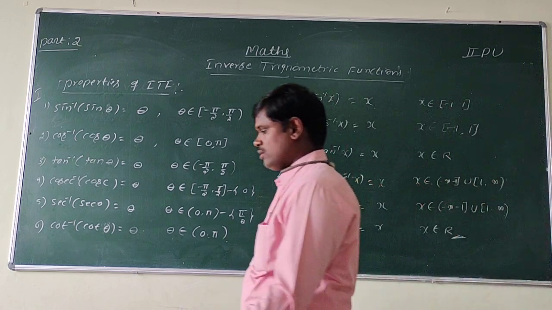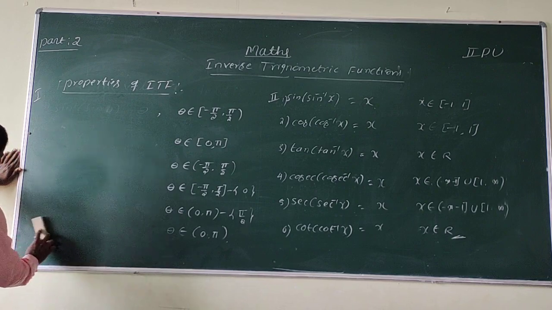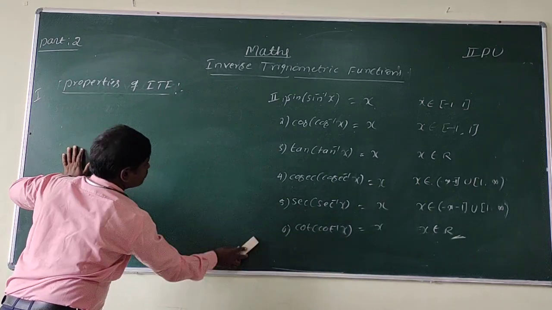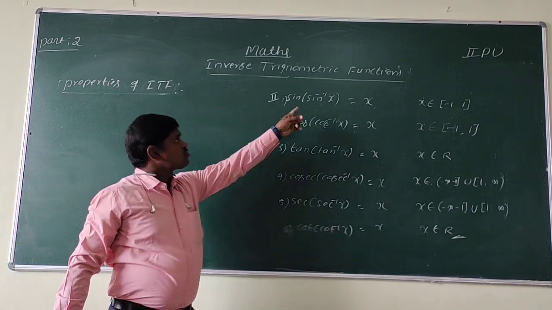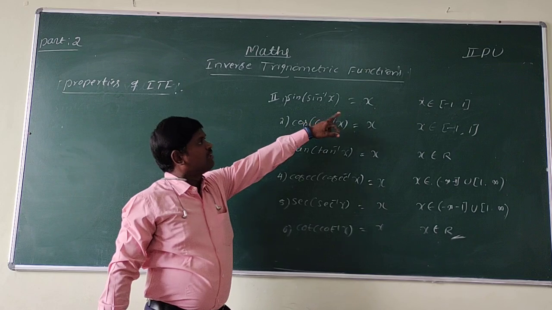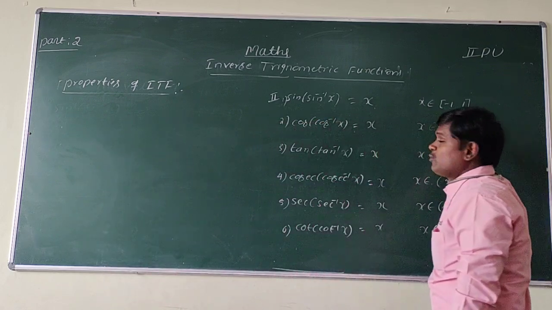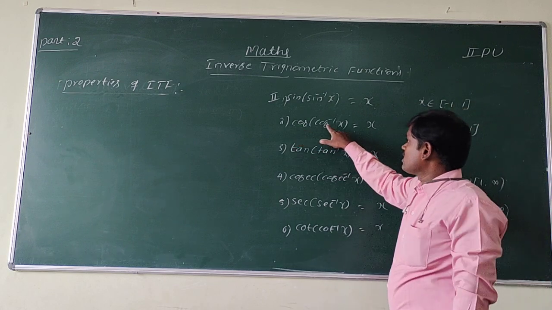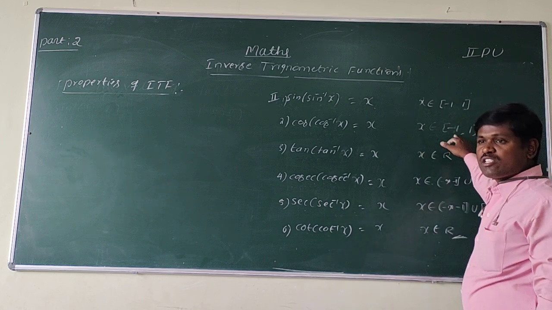So next, third property. Once again remember this. Sin inverse of x can be written as x if and only if the value of x lies between -1 and +1. Similarly, cos inverse of x is equal to x if and only if the value of x lies in -1 and +1.